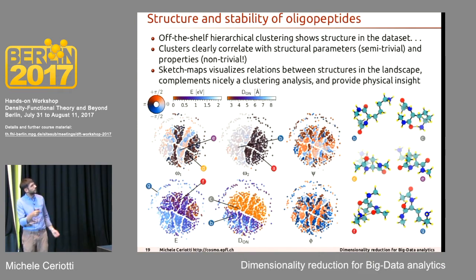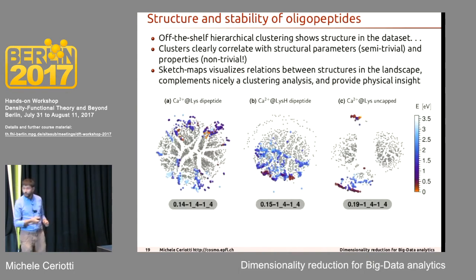And these are structures in which the side chain, which is positively charged, folds and gets close to the oxygen atoms. Now, if you add cations to this molecule, you can see how the stability changes.